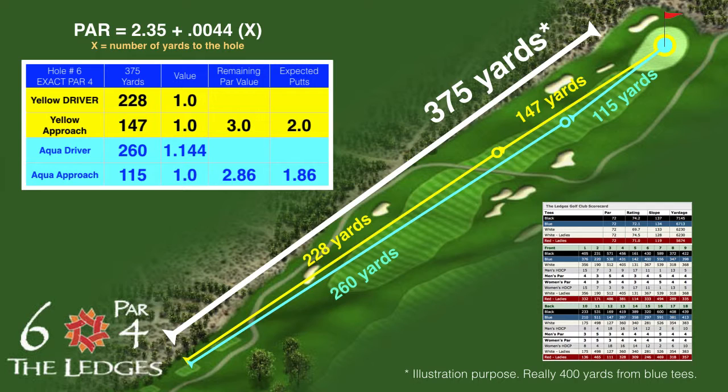That means your excellent second shot the second time around contributed 1.144 strokes instead of only 1.0.